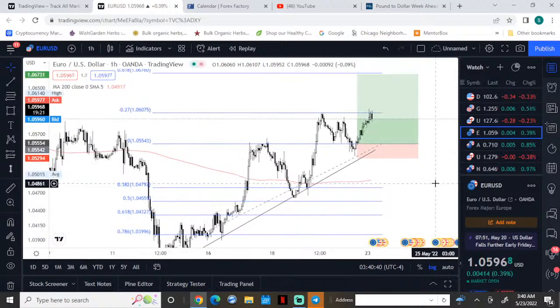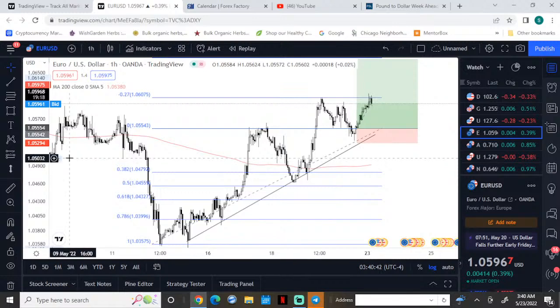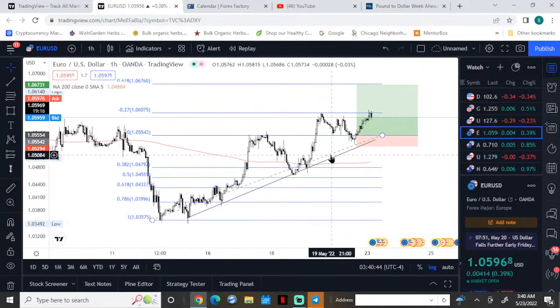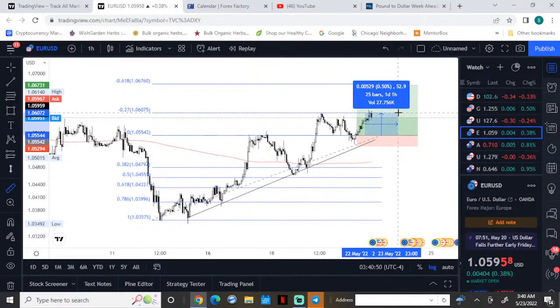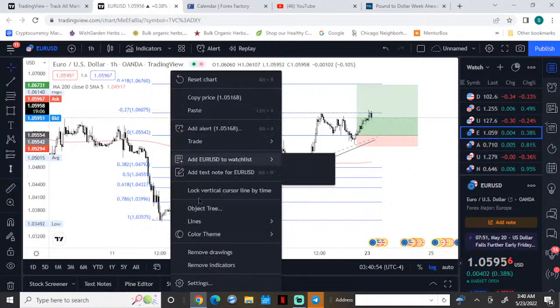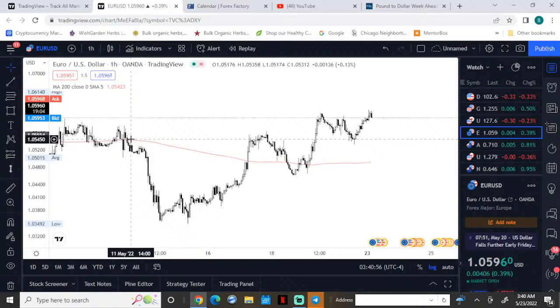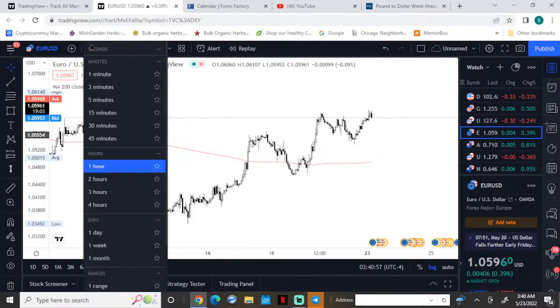Alrighty. So I marked up this. I didn't do a full markup, and I just threw this on here just to see what happened. It's up 52 pips. I'm gonna clear this and we're gonna do a full top-down analysis on EU.